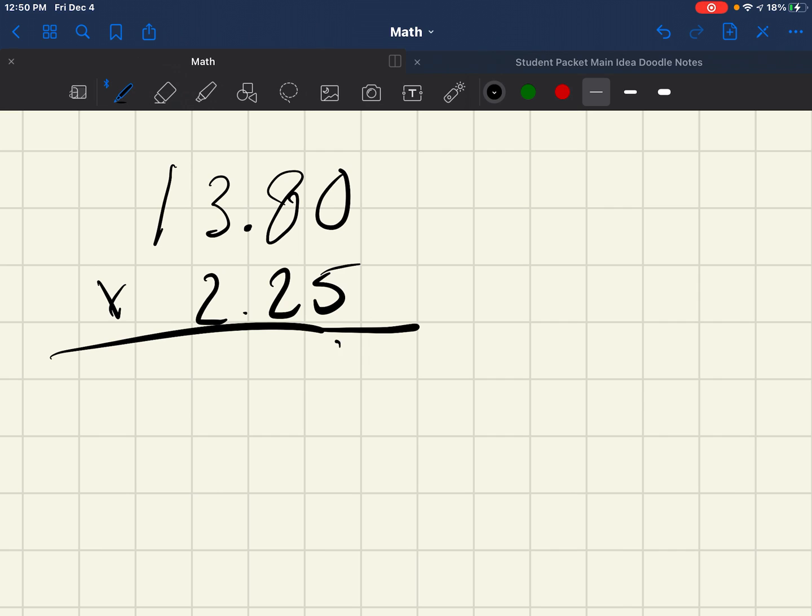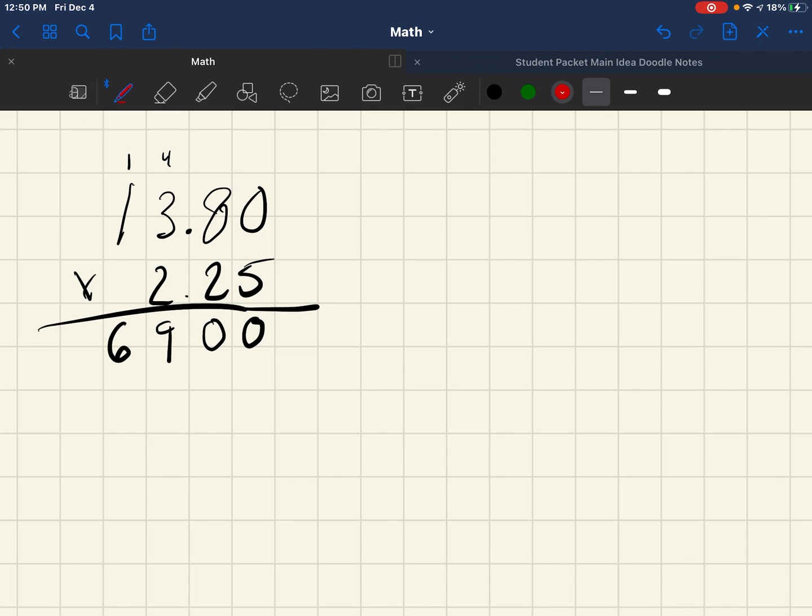So let's try this. 5 times 0 is 0. 5 times 8 is 40. 5 times 3 is 15, plus 4 is 19. 5 times 1 is 5, plus 1 is 6. So we did that part right.